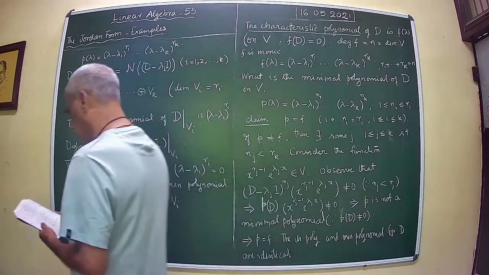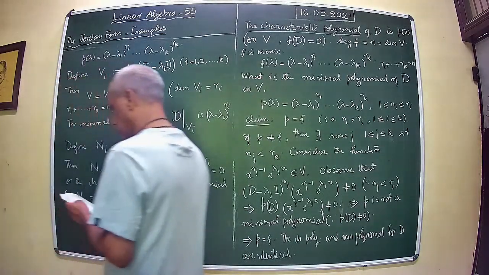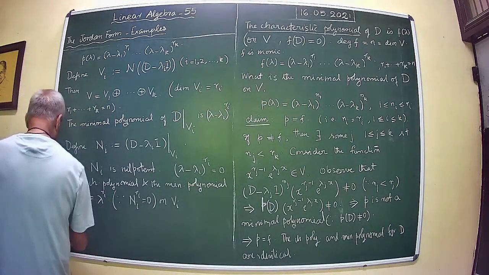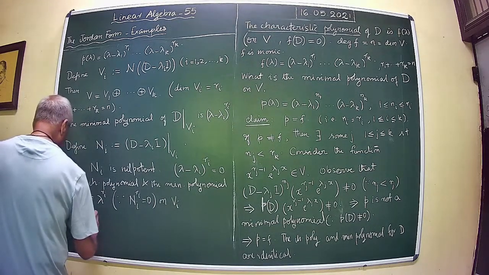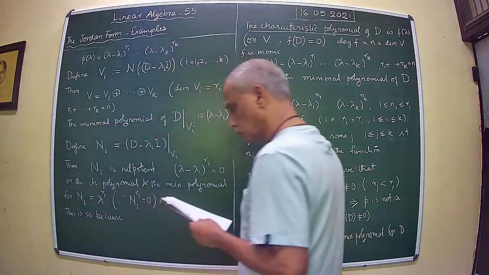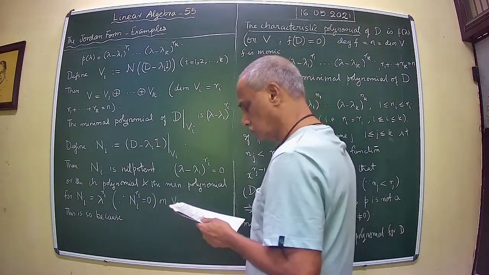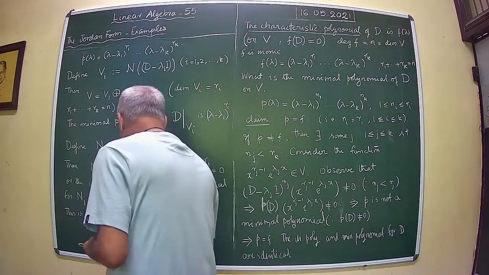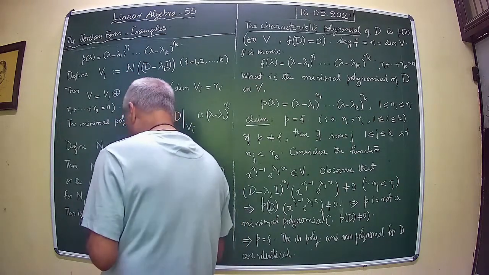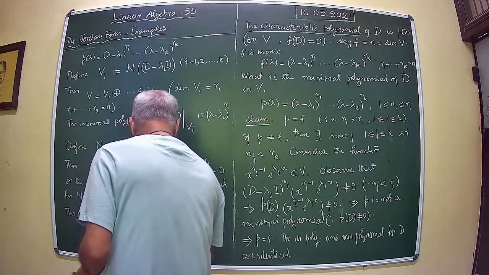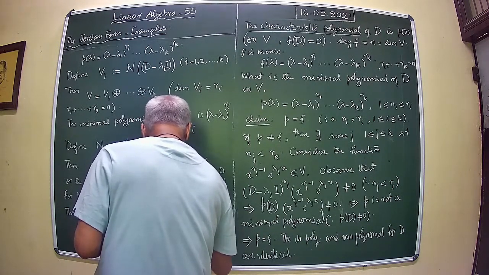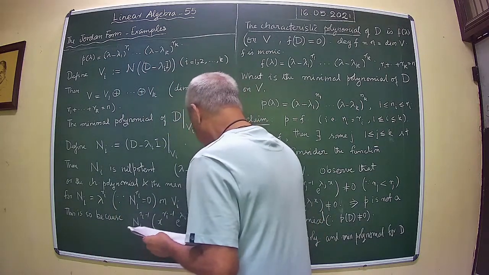And of course, you can also show that now this is also the minimal polynomial, because Ni to the power Ri minus 1 operating over x to the power, is equal to this.